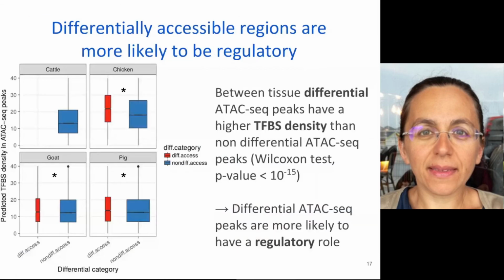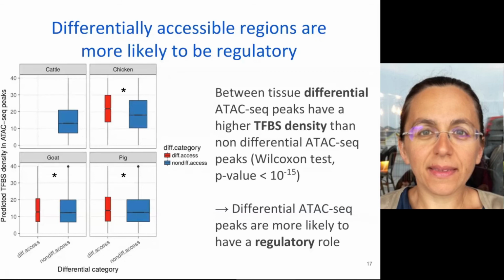One thing we did was to look at the transcription factor binding site density in these regions, both for the differential and non-differential. To do that, we simply took about 500 transcription factors from the JASPAR database, and then we scanned the genome using FIMO, a very simple ab initio approach, and we computed the number of TFBS in each region, divided by the length of the region.